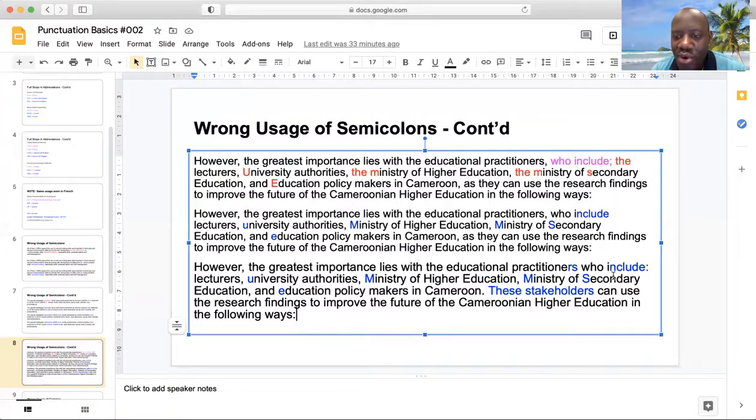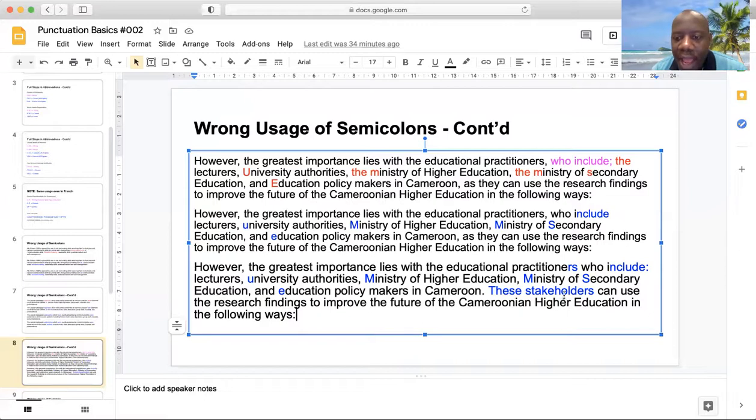And that's why at this point I use include with a colon, and then lecturers, university, blah, blah. And you see that I've dropped there, because this there here and this there here, they are not very necessary. You just say include lecturers, university authorities, Ministry of Higher Education, Ministry of Secondary Education, and education policy makers in Cameroon, full stop. And now I bring in a new sentence to talk about what these people can do with the findings.